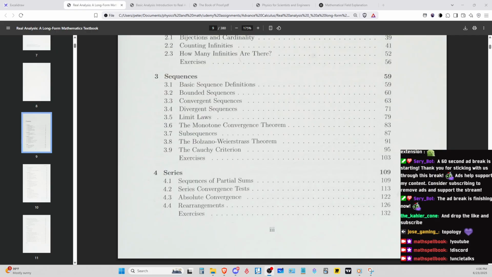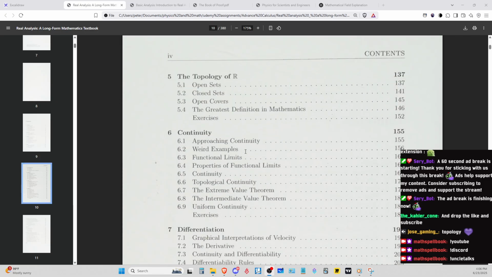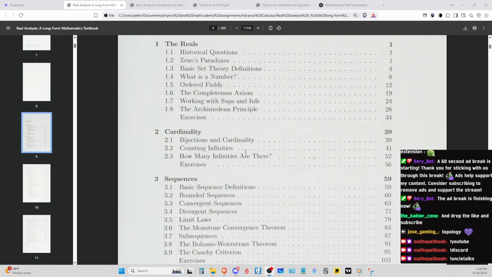Okay, yeah, so we have sequences, series, and then topology. So probably tonight, maybe I'll read a little bit about cardinality, because it doesn't look like it's too long. Let's see, 39, 56, if we do the arithmetic on there. That's like around 7 pages, right?